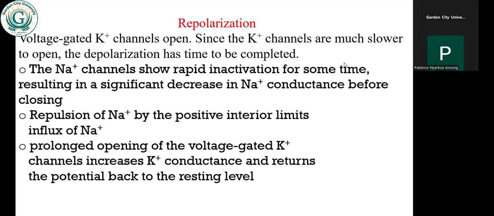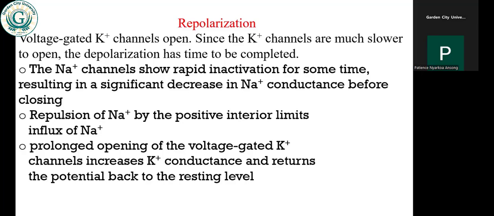And when we are moving a lot of positives out, we would move potassium out, because it's potassium that can move from a higher concentration inside the cell. So here, voltage-gated potassium channels are open for potassium to move out of the cell.